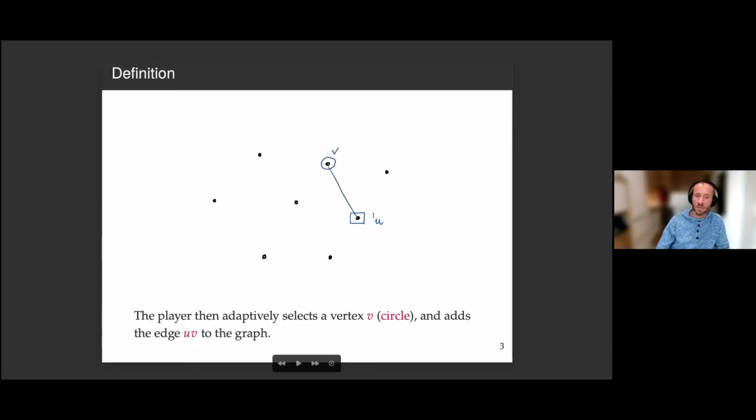I select vertex V and create an edge between U and V. Again, to distinguish my choices from what was offered to me by the semi-random process, I'll be using circles for my choices and squares for the choices of the process.